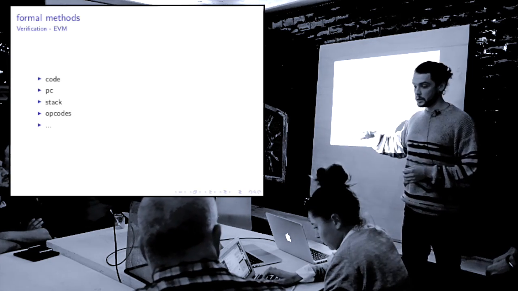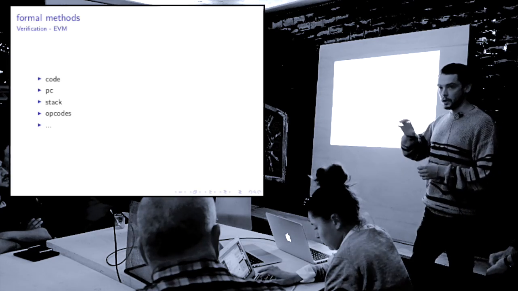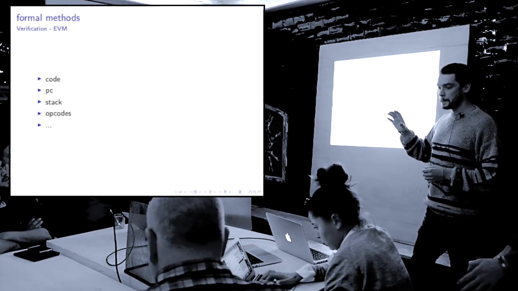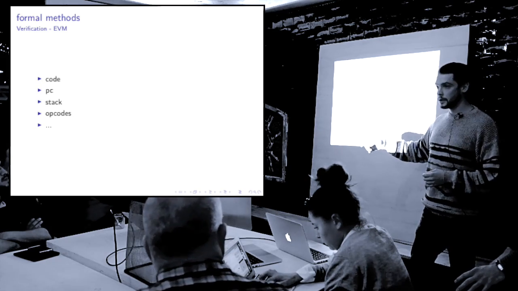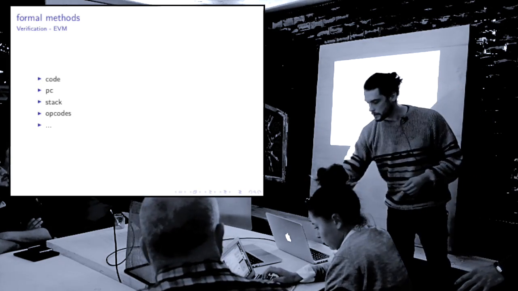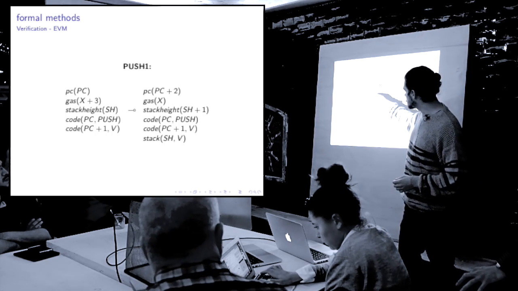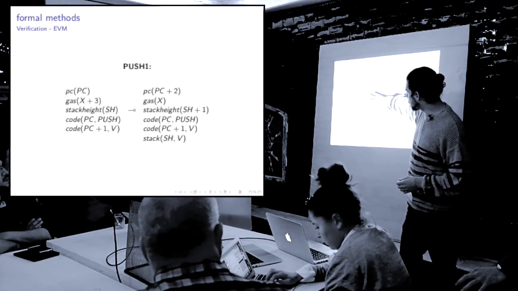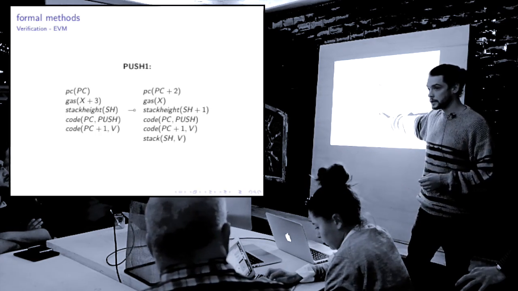And the formal verification is we do the same thing in linear logic again. So basically, with the whole lolly part, we're modeling the EVM inside of linear logic again, with the same models we saw previously. So we have a state with a program counter, a gas, a stack height, and some code in our state space.